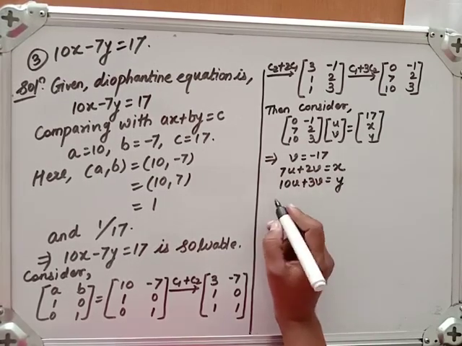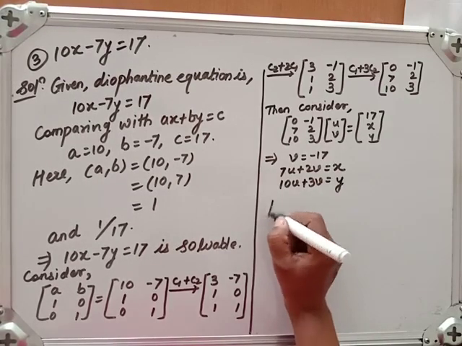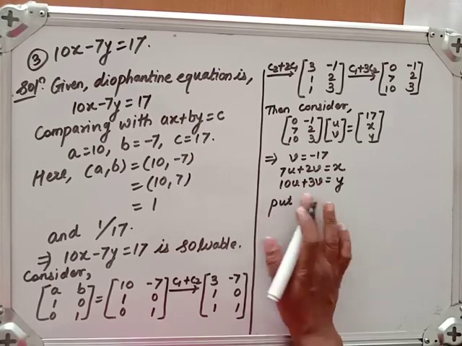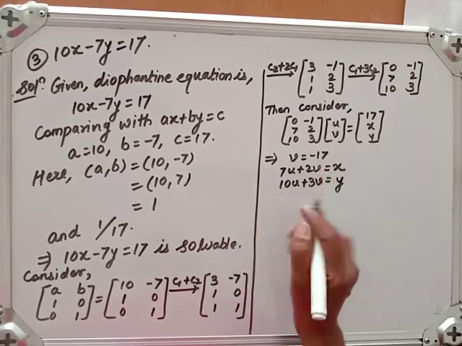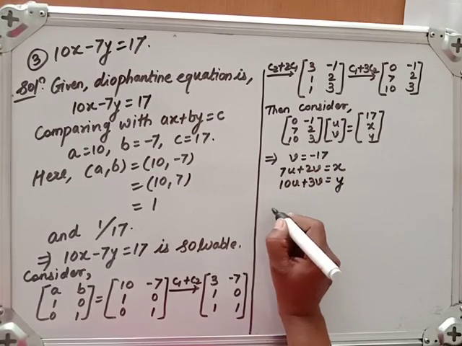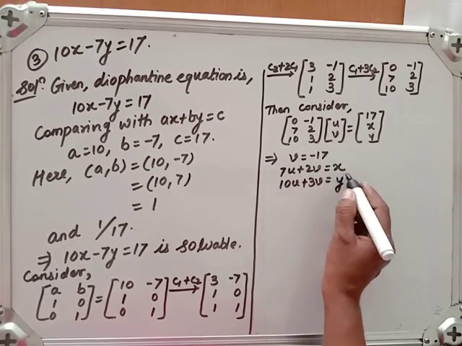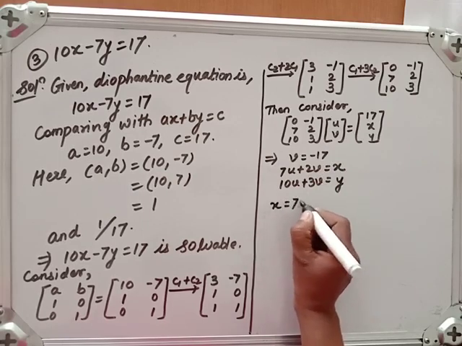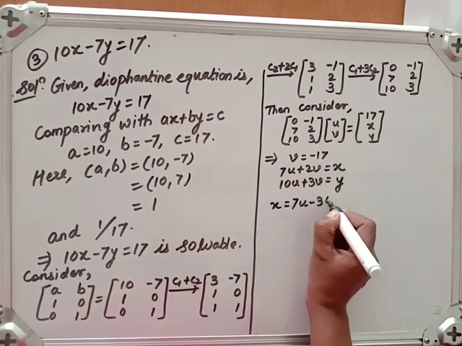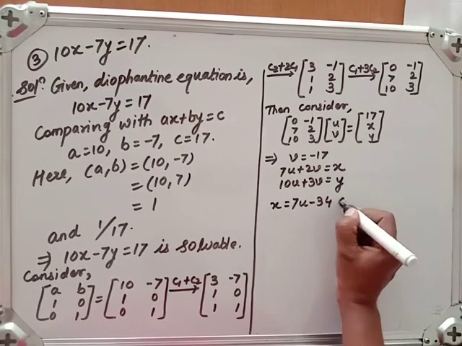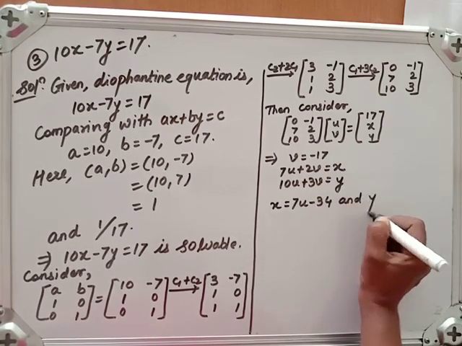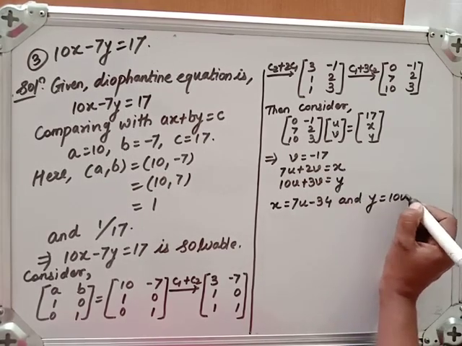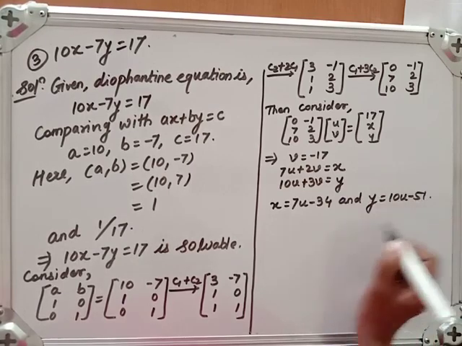Okay. Substituting the value of v here, we get x equal to 7u - 34 and y equal to 10u - 51.